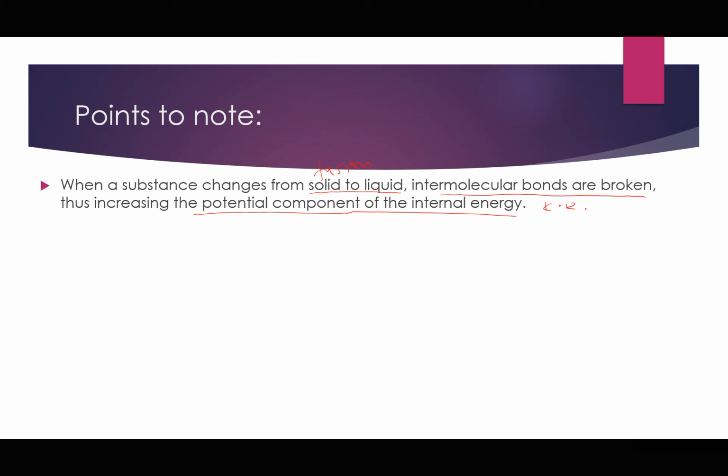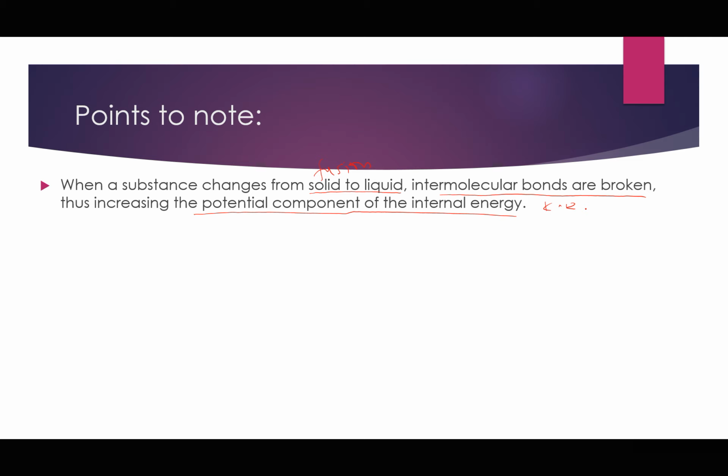Most substances, of course, expand on melting. That means some external work is done. But this would imply that by the first law, thermal energy must be supplied to the system. And this thermal energy is what we are going to call the latent heat. So if ice melts, we expect it to slightly expand. And if it slightly expands, it would imply that internal energy is supposed to decrease.